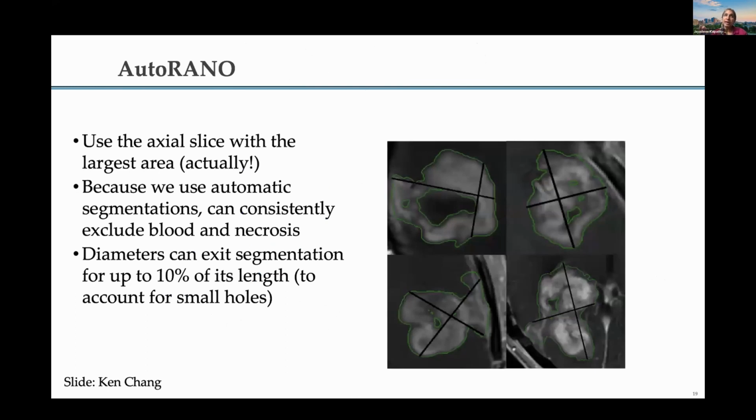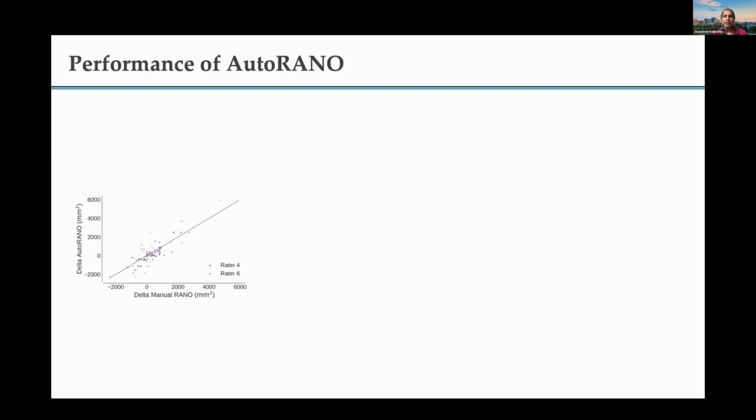So our goal here was, now that we have a pretty good algorithm to automatically segment the brain tumor, can we now automatically also get these bidirectional measurements, because that's what is typically used in practice. Although there has been a lot of interest, at least among the computer scientists, in trying to get the field to move to more volumetric assessment, still what happens clinically very often still tends to be uni or bidirectional measurements.